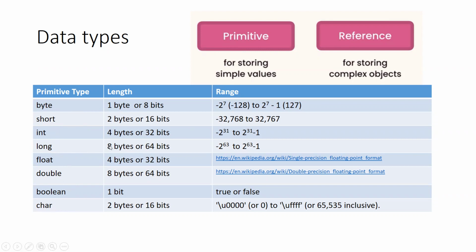For example, this long is 8 bytes long, which means that with 8 bits in 1 byte, we have 64 bits to represent a long integer. And this ranges from -2 to the power 63 until 2 to the power 63 minus 1. The representation of floating point numbers is a bit complex.